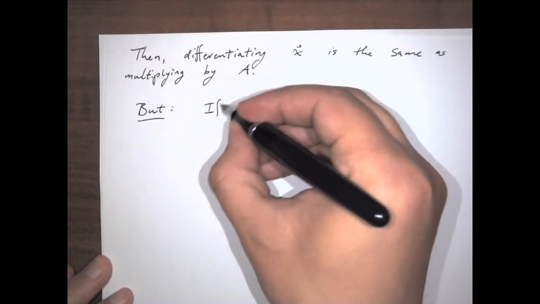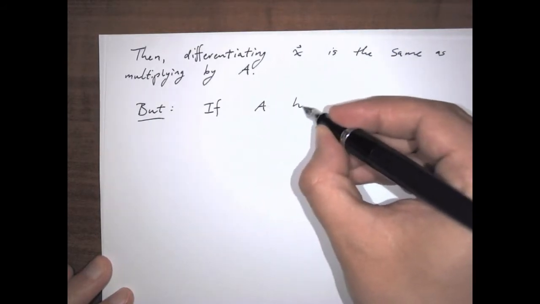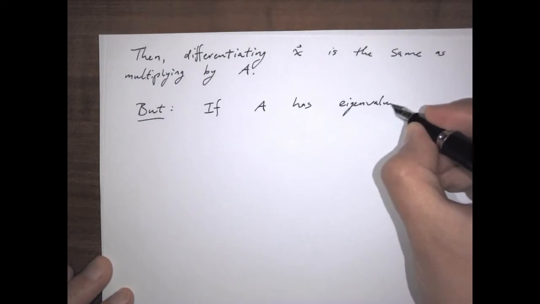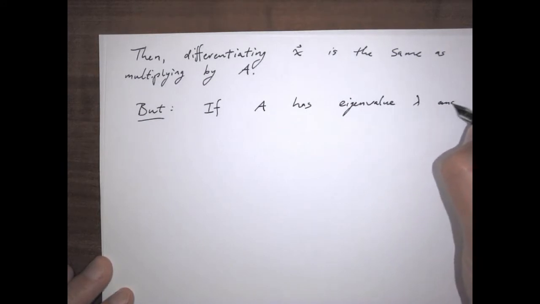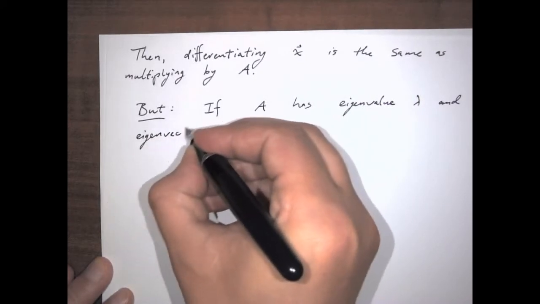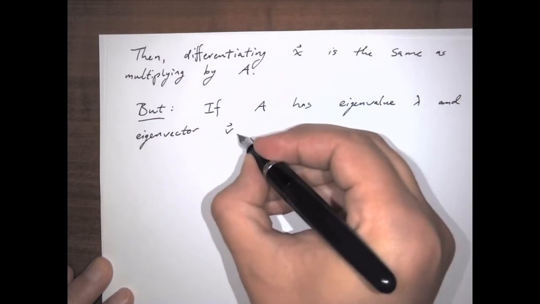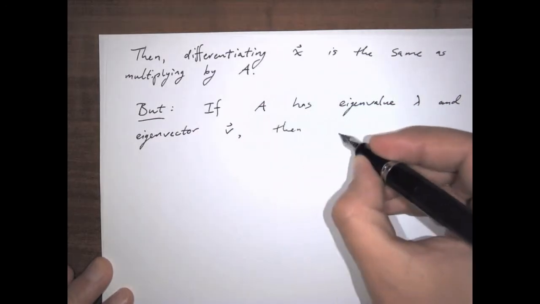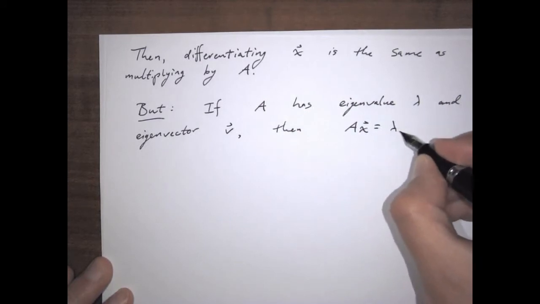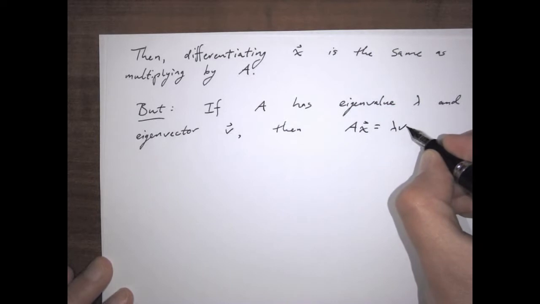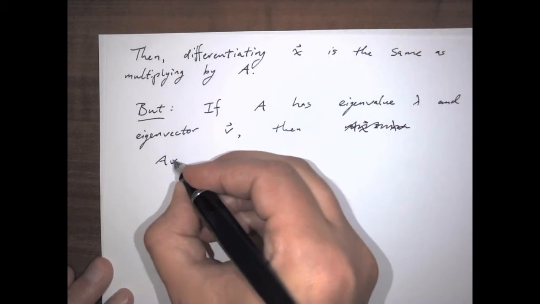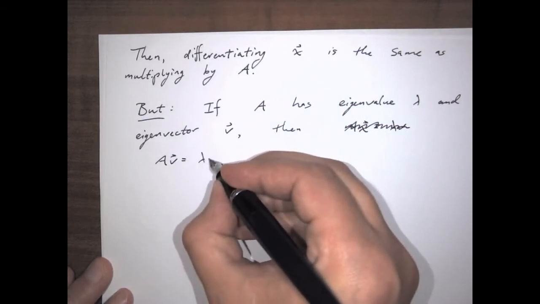But if A has eigenvalue lambda and eigenvector v, then Av is the same as lambda v.